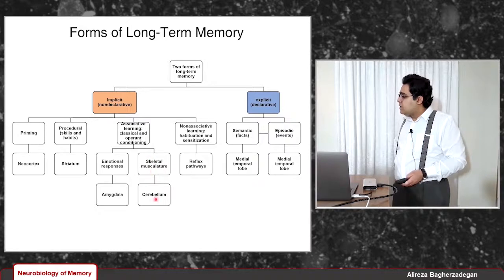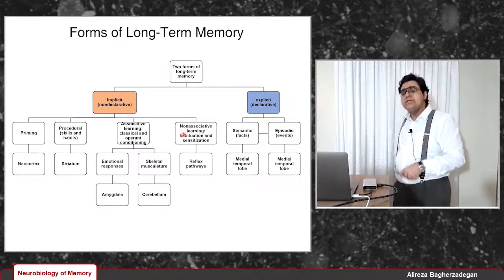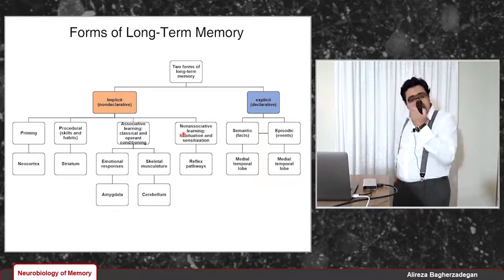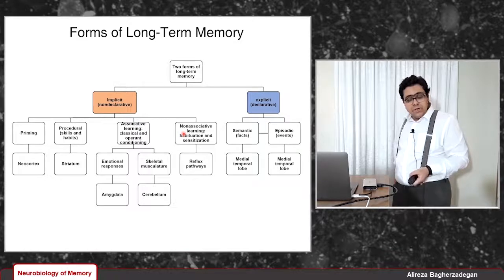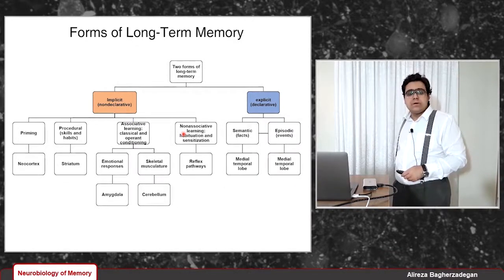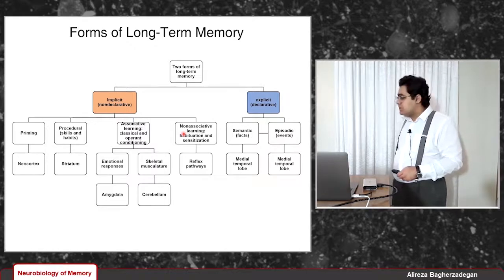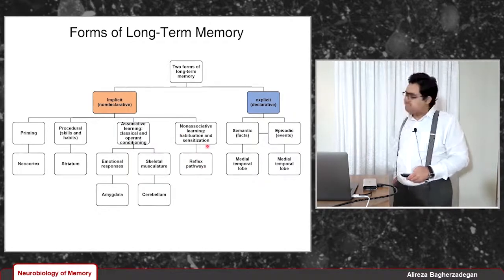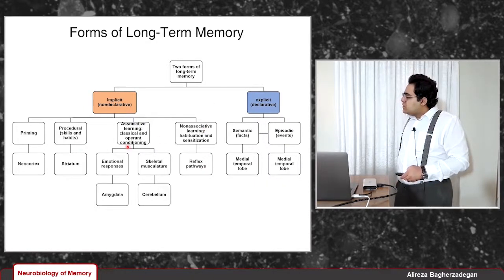Skeletal memory is controlled by the cerebellum. We also have non-associative memory like sensitization and habituation. Again, there's a whole lecture about how sensitization and habituation work. They are controlled by reflex pathways. So these were subtypes and examples of implicit long-term memory.